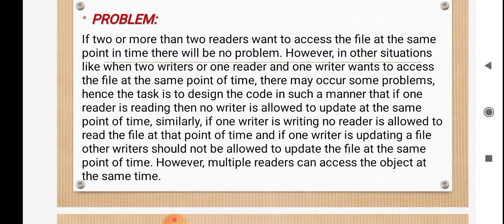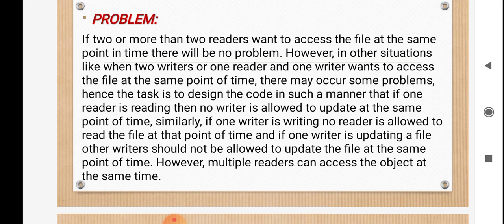So the problem is this: if two or more processes want to access the file at the same time, and they are both readers, then there will be no problem. Clear? If two or more readers want to access the file at the same time, there will be no problem.